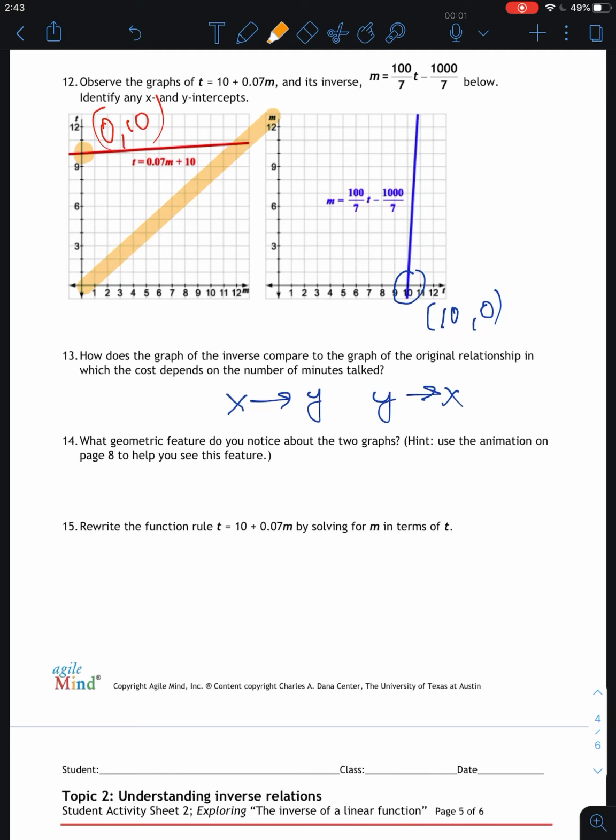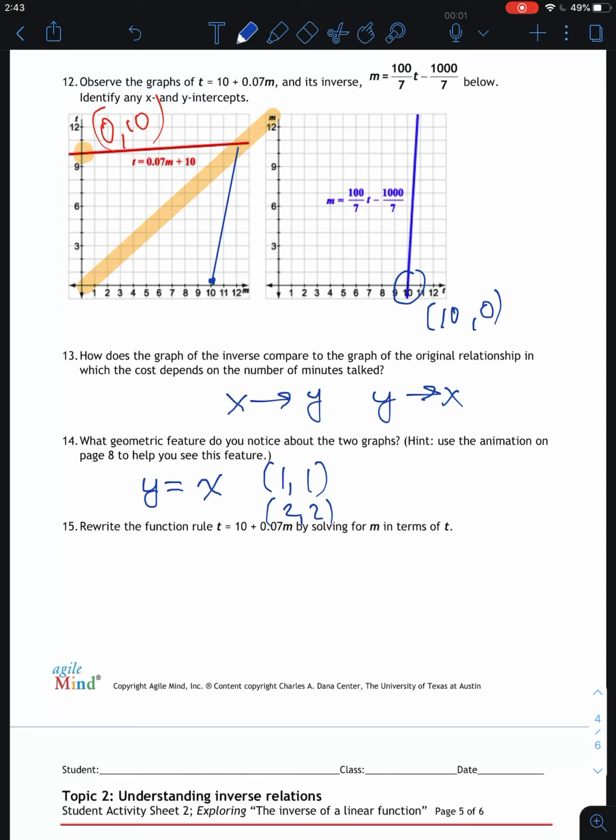So if we graph the line y equals x, which is just 1, 1, 2, 2, 3, 3, 4, 4, and so forth, then the line is symmetric about that equation.